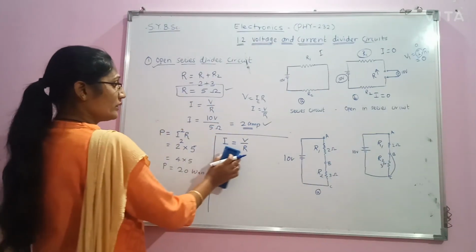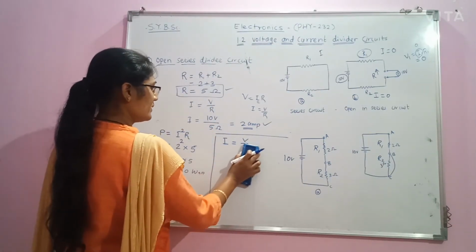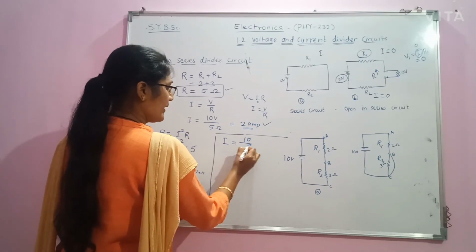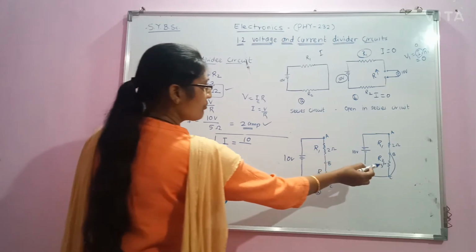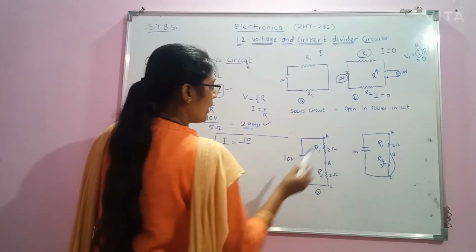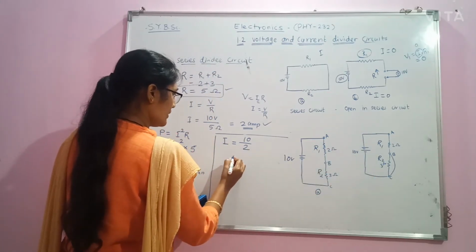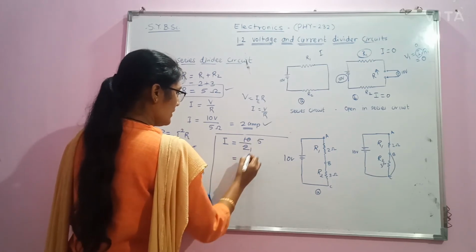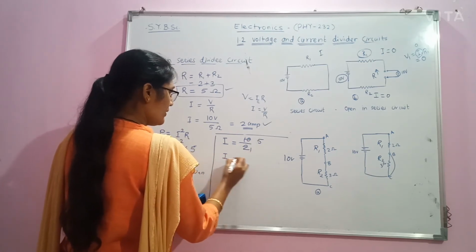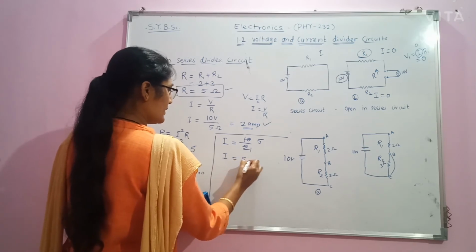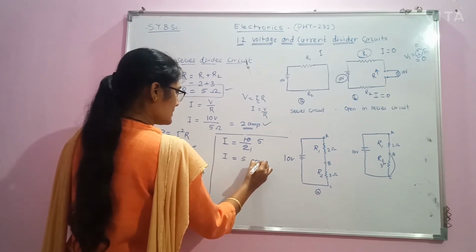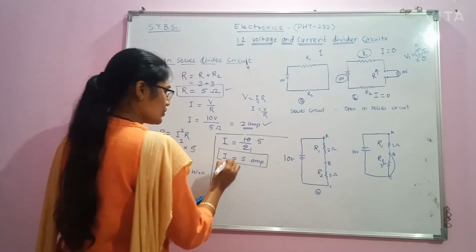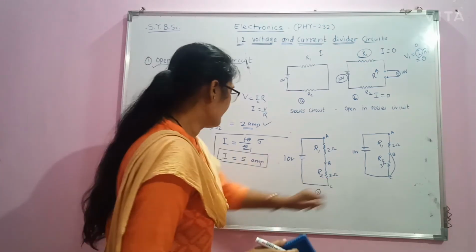Therefore, the value of V divided by the value of R, 2, is 10 divided by 2. Therefore, the current value has increased and it has become 5 ampere in case of short circuit.